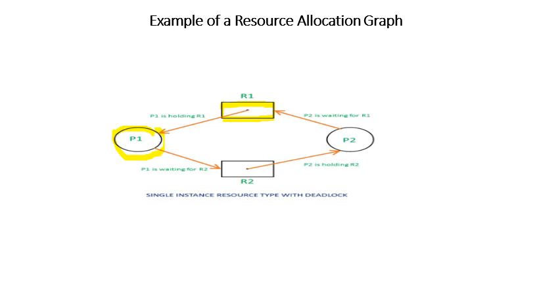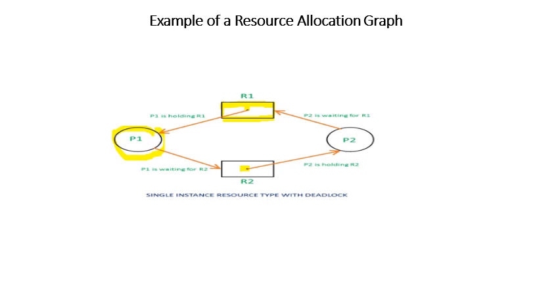I think you can see there is only one single dot within the resource. What is the meaning of this? The meaning is that only one instance is present in this resource, a single instance.